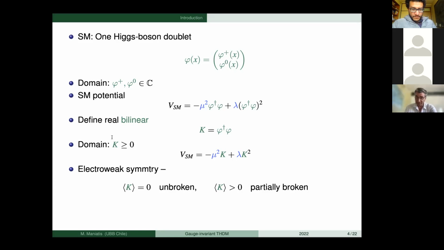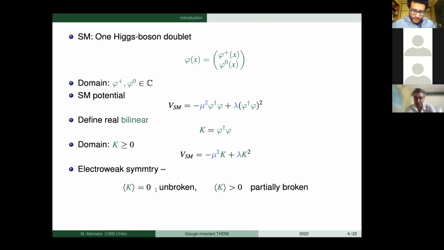Then, of course, we can define one real bilinear K in this way, and the potential looks like that, simply replacing phi dagger phi by K. Of course, K is bilinear in the doublets. We get this simple function on the domain where K is a real, non-negative quantity by definition.